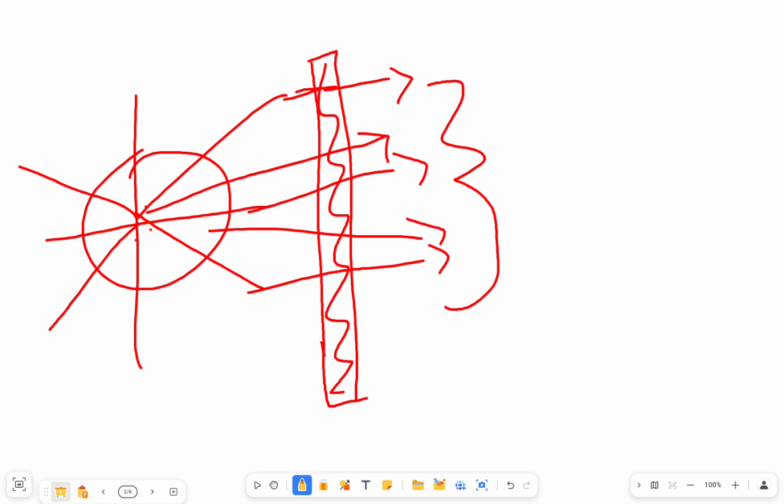Once again I will repeat, means when the electric field lines are getting radially generated from any charge, then when these electric fields pass through any surface, the number of electric field lines that are passing through that surface is called electric flux, and it is denoted by del phi.